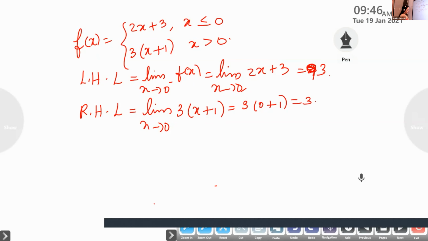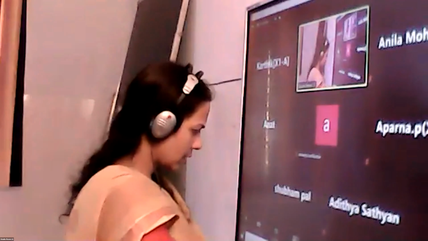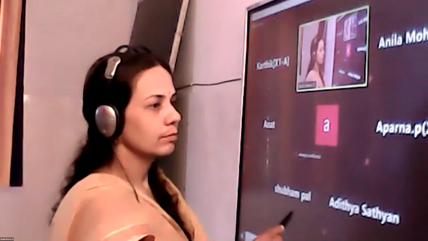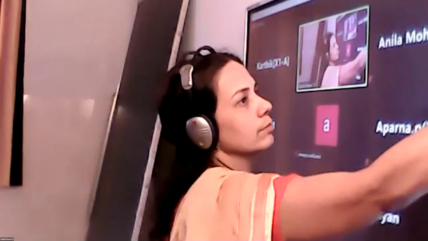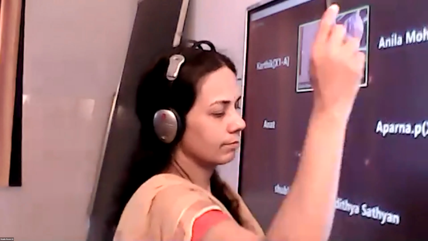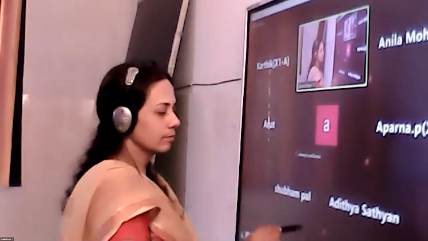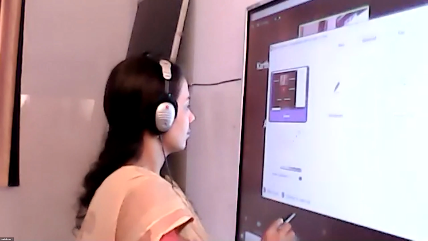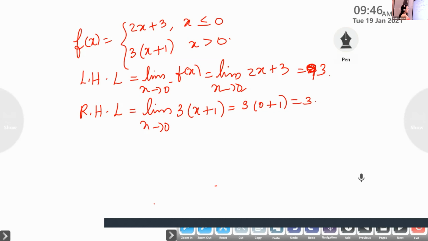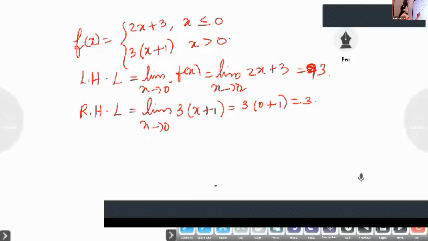Then when you are saying limit does not exist. Okay, so left hand limit is equal to right hand limit. RHL, are you getting like this, Shubham?